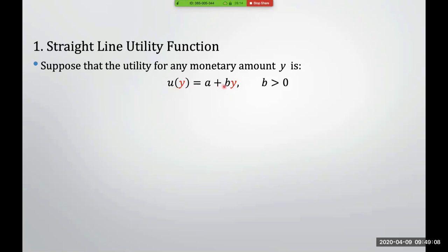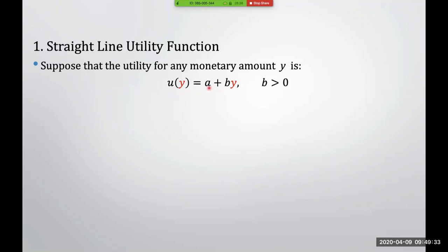If B is less than 0, then if Y increases, the U value of Y would decrease. That would correspond to the situation where more money brings less utility. Okay, that is not a valid utility function. Okay, so this is the linear utility function we're referring to.